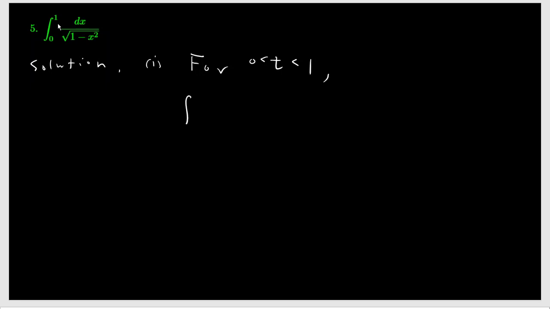We are going to evaluate the integral from 0 to t. Now we can use FTC. This time the integrand is continuous on the closed interval from 0 to t, right? So that's why we can use FTC, the fundamental theorem of calculus.